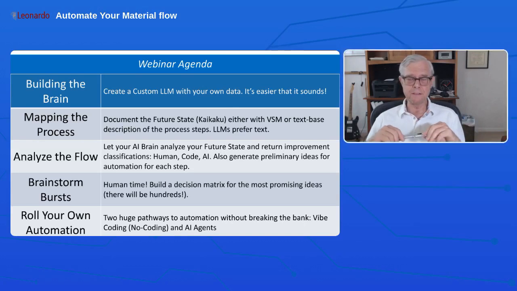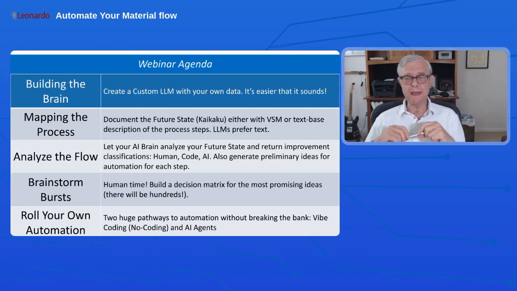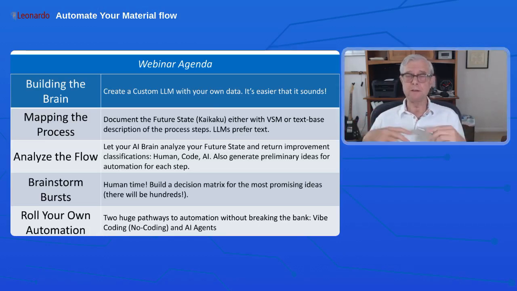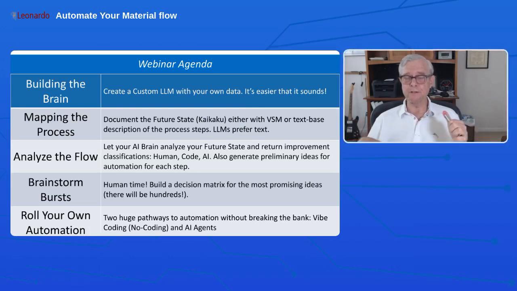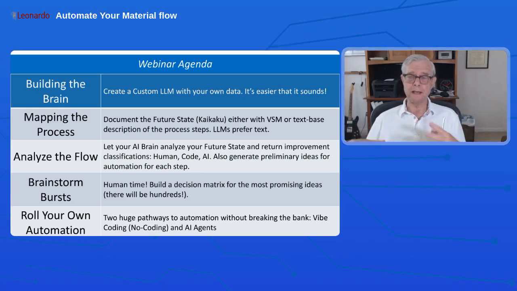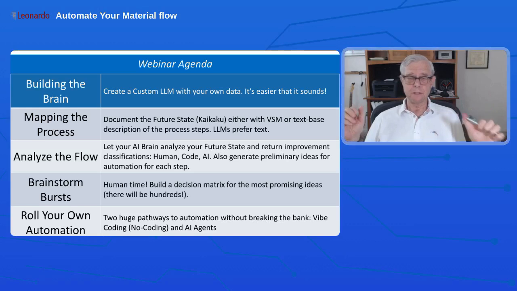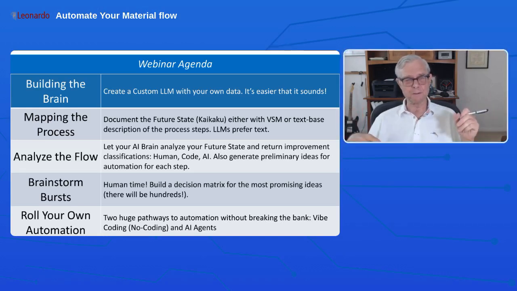And the idea is to use a large language model like ChatGPT or Claude or Gemini, there are lots of them available, and train that large language model in your own specific details, your own specific processes, your own specific standard operating procedures, et cetera, and philosophies, so that when you are working with this LLM, it already has a lot of background information about what you do and what you want to do and how you do it. And so we've created that at Leonardo Group. I call it Leonardo's Brain.